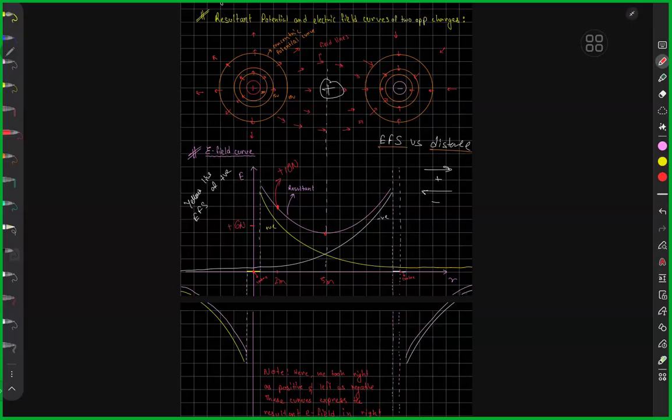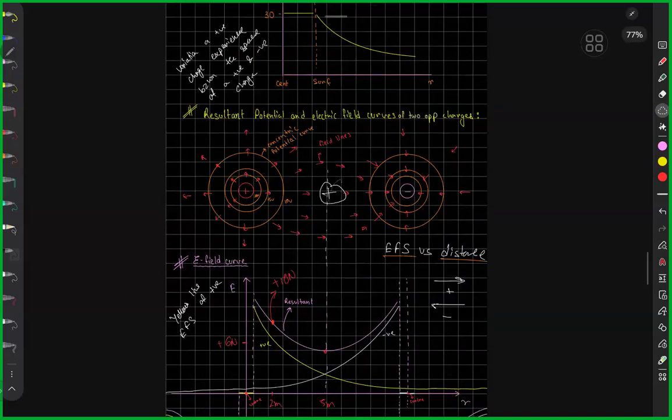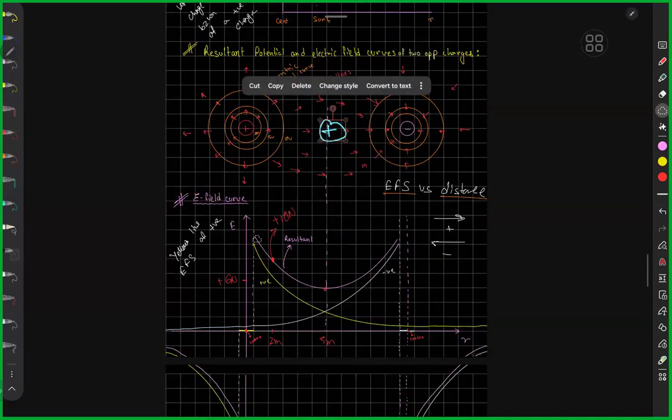This means it feels a force of 6 newtons in the rightward direction. So the direction of force has not changed. That is why the entire resultant curve is on the positive axis, in between the spheres. So it feels the force in this direction towards a negative charge.